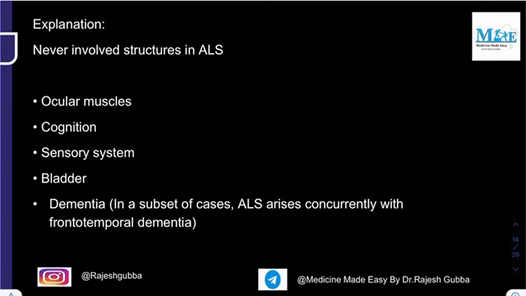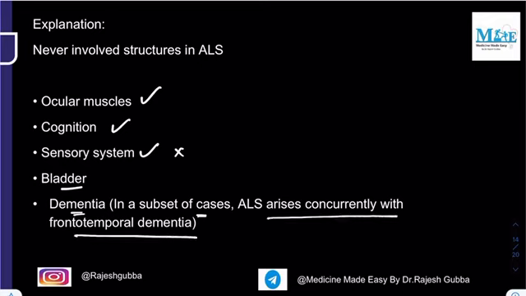The ocular muscles are not affected, cognition is not defective, the sensory system is never involved, and the bladder is not affected in amyotrophic lateral sclerosis, but in other forms of motor neuron disease you can have neurogenic bladder. Dementia, if you see, in a subset of cases, amyotrophic lateral sclerosis arises concurrently with frontotemporal dementia. So these are the structures which are not affected in amyotrophic lateral sclerosis.